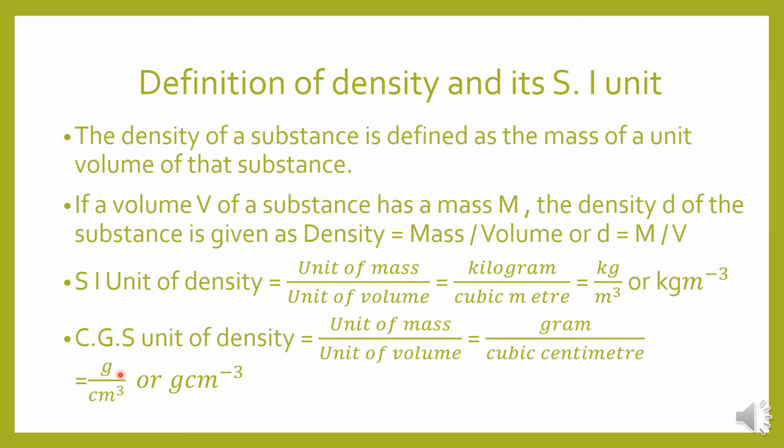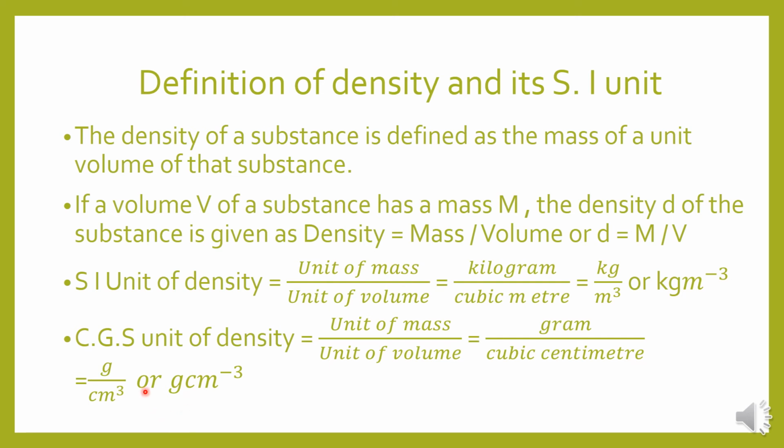Gram per centimeter cube, or g cm minus 3. The same thing is applicable here also: if you are marking the upon symbol, then we are not writing minus 3. We write minus 3 when there is no upon symbol, no slash.